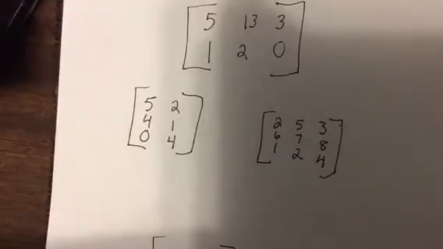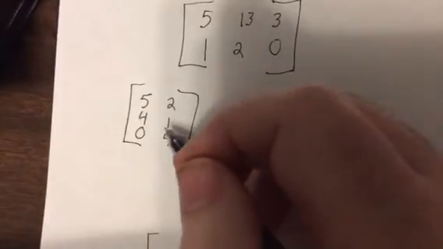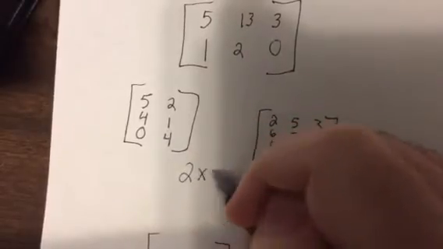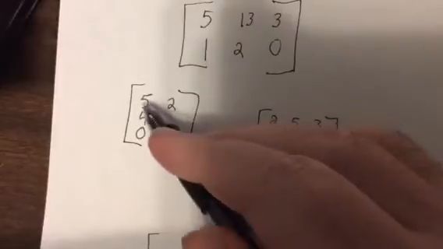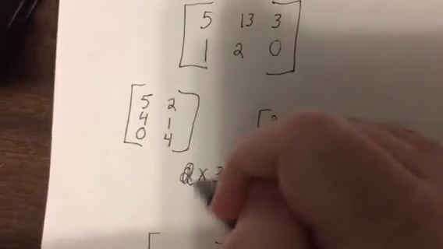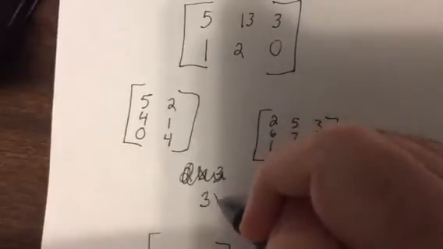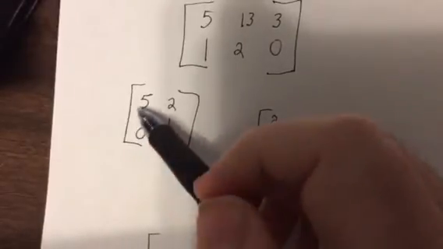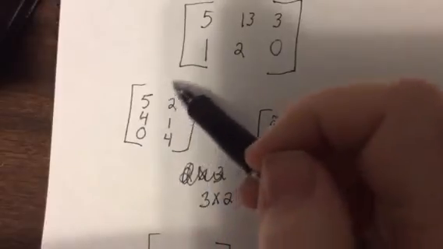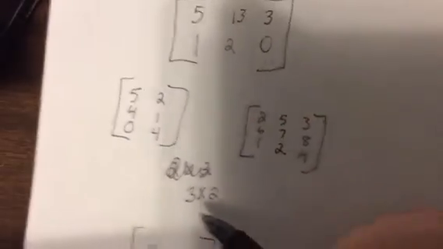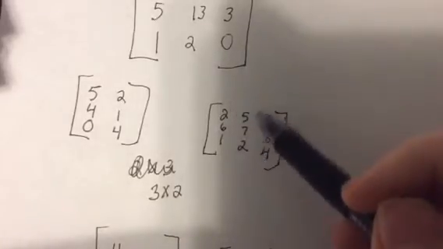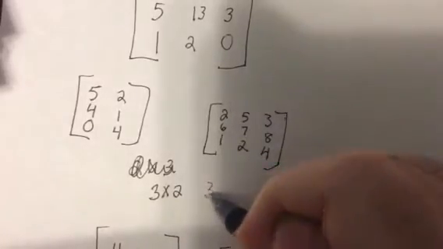You'd put the dimensions of this one down, and it'd be a 2 by 3. Oh, wait a minute. I messed up, didn't I? Sorry. It's a 3 by 2. I can't read. So 1, 2, 3 rows, 2 columns. Now this one would be 1, 2, 3 rows, 1, 2, 3 columns.